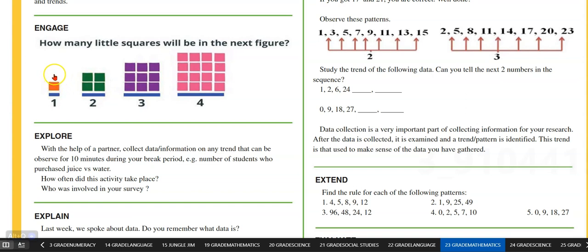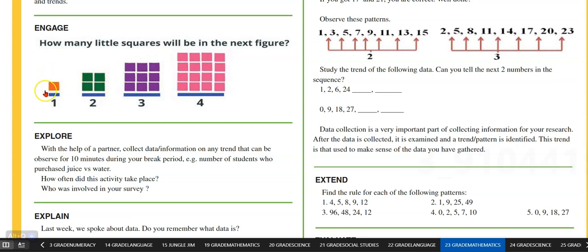So if this is 1, then we go to 4, then 9, then 16. The numbers are increasing. Now, two operations that lead to increasing numbers would be addition and multiplication. What did they add to this to get it to the other one?